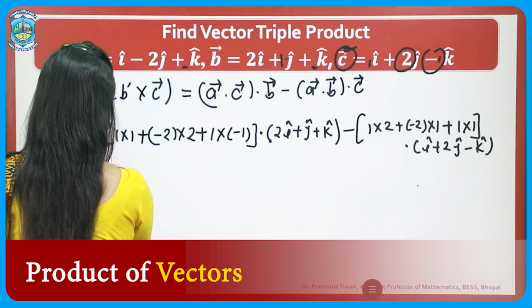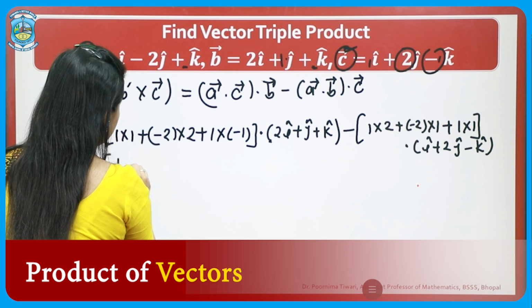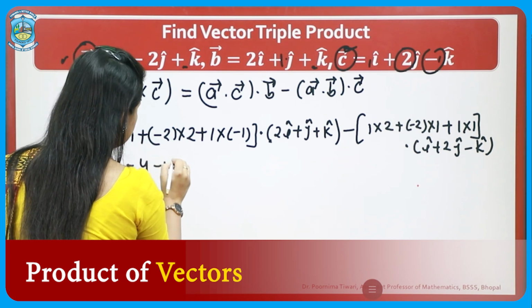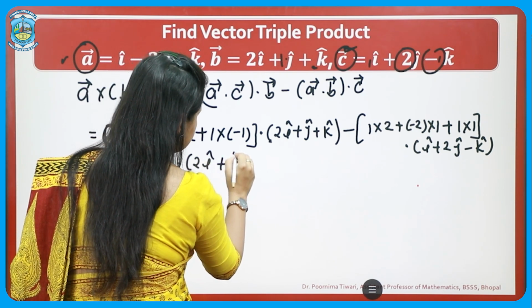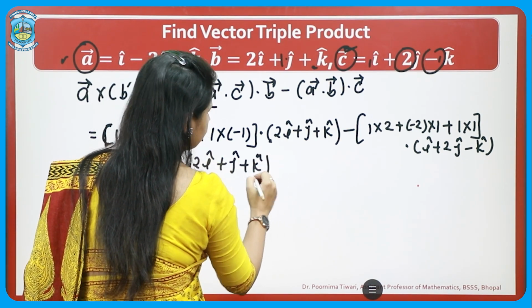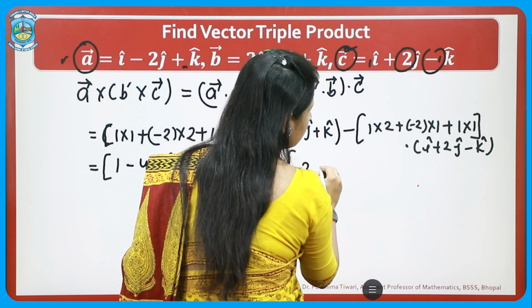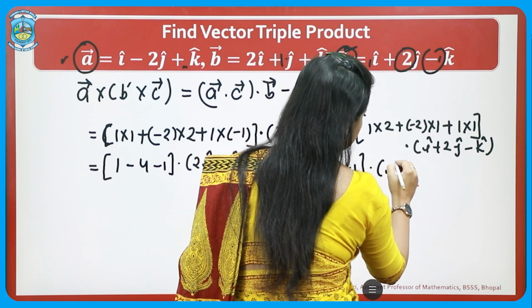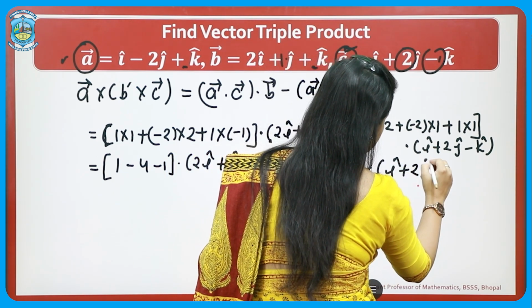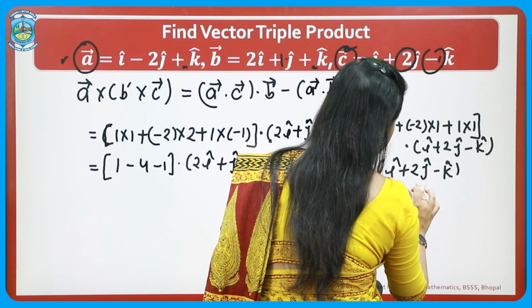Now, we will simplify. Here we will get 1 minus 4 minus 1, times 2i plus j plus k, minus, this would be 2 minus 2 plus 1, times i plus 2j cap minus k cap.